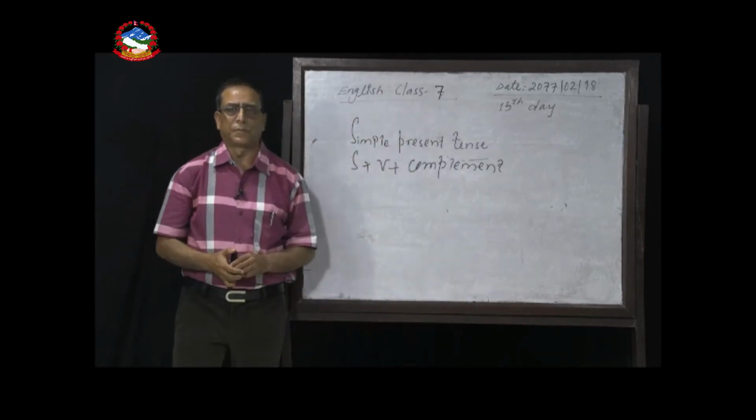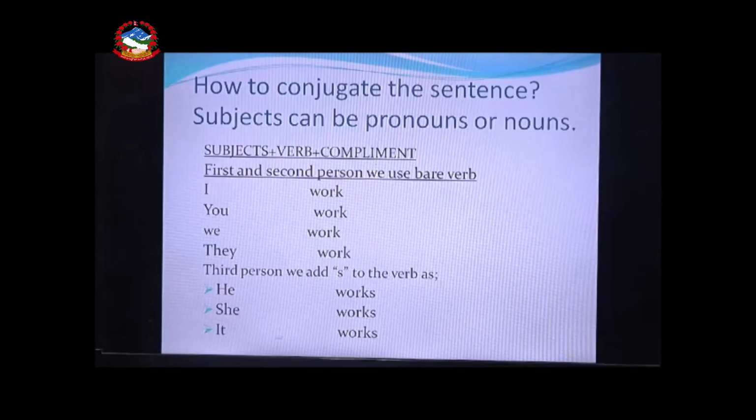Now let's talk about the third person. For first and second person, we conjugate the sentences by not using the verb, only keeping the subject and complement, but it is slightly different for the third person.